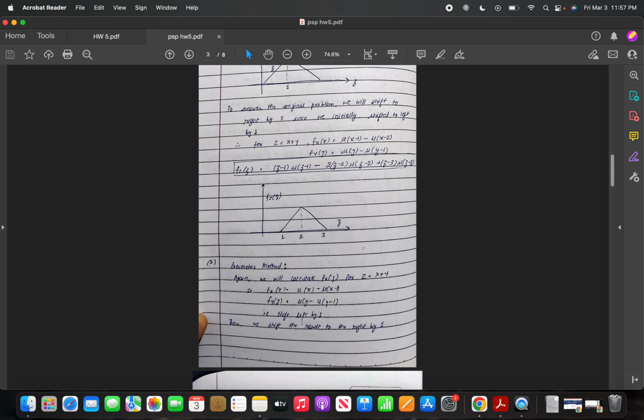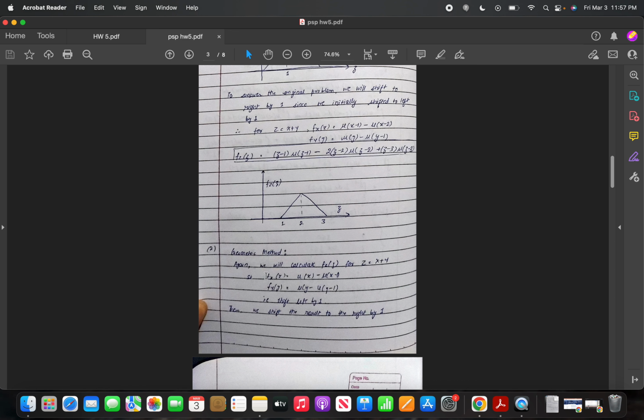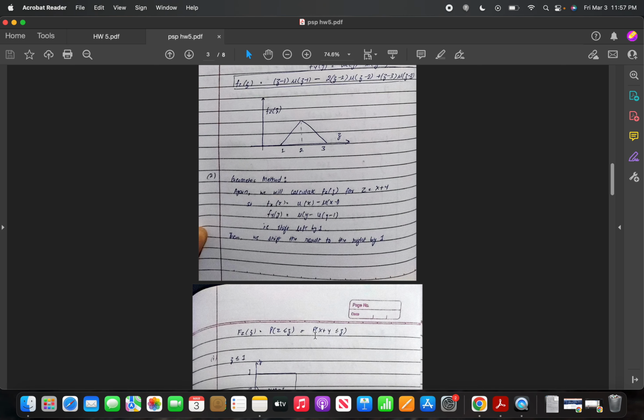Now for geometric method, we'll again perform the shifting to left. So again we have PDF of x and PDF of y given as follows.